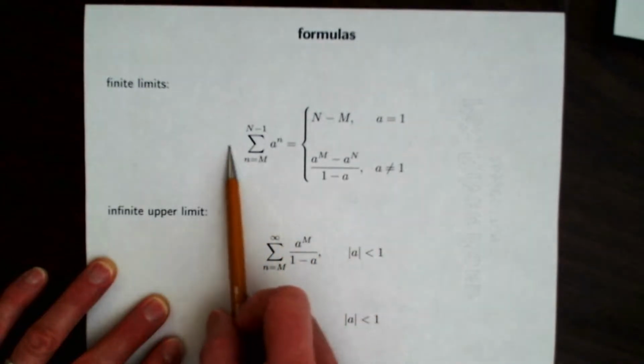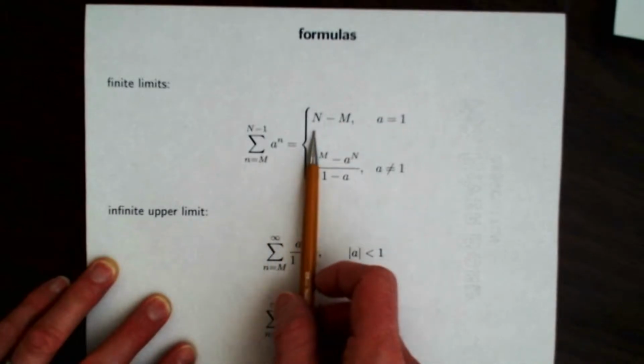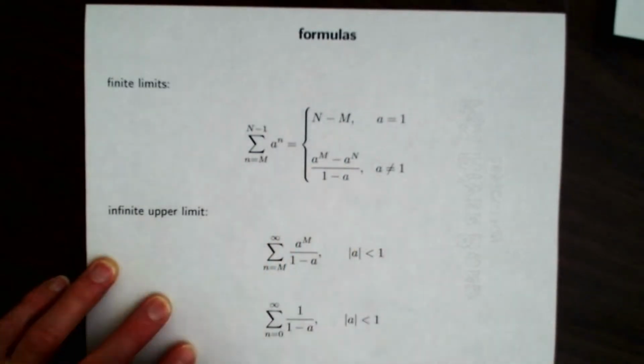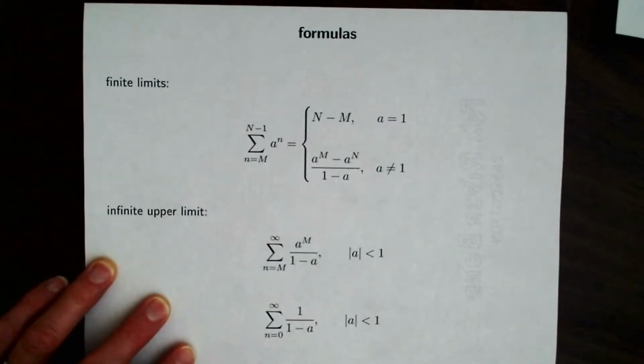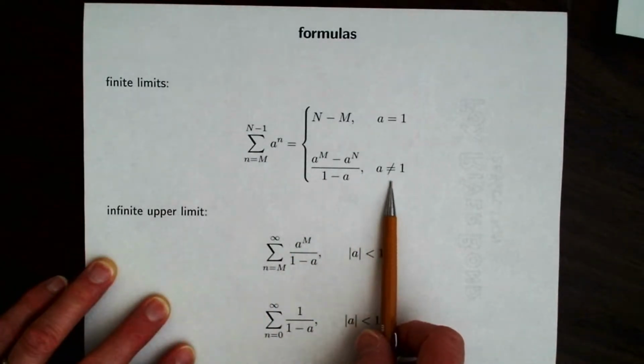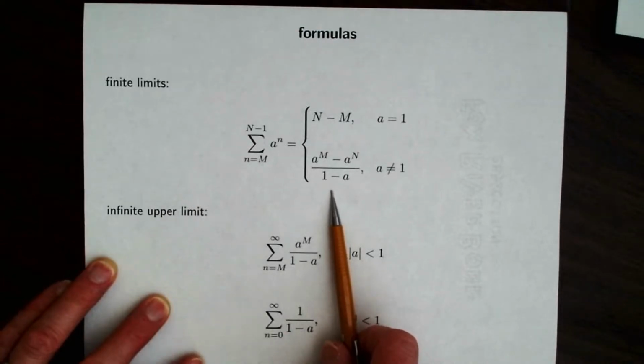Well, if you count all of the terms, the number of times that we're adding 1 together turns out to be n minus m. So when a is 1, then we just get n minus m, which is the number of terms. For all other cases, for a not equal to 1, we get this formula that is shown here. And we'll derive that and see where that comes from.